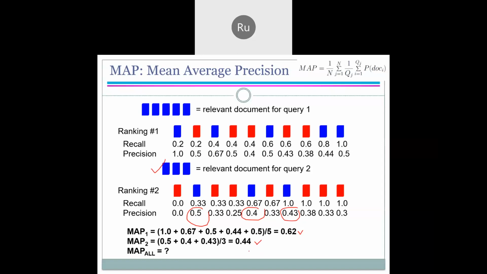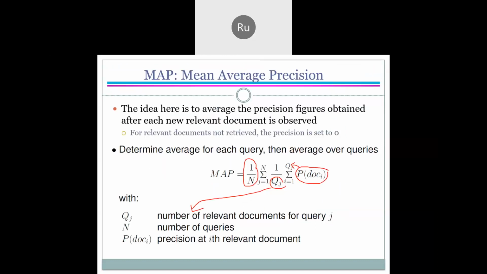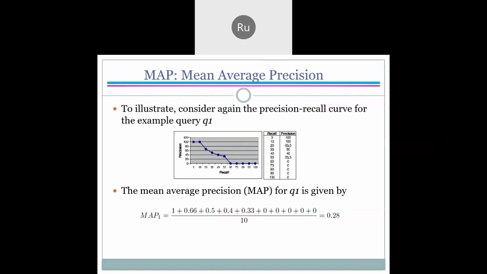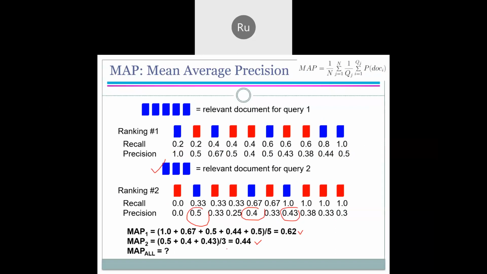So we have the MAP for query 1 and we have the MAP for query 2. So what is the overall MAP? Based on this formula, we divide them by the number of queries. In this example, we have only 2 queries, query 1 and 2. So we add up this and then divide by 2.